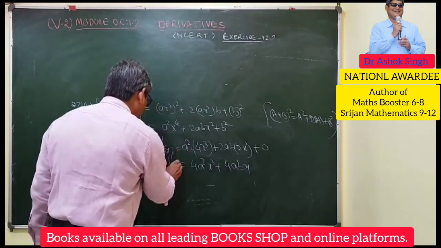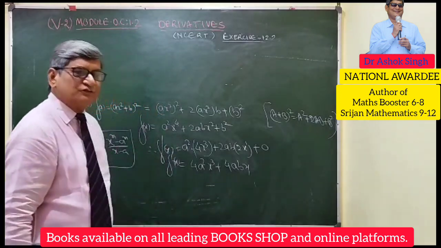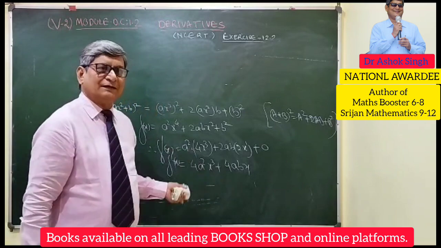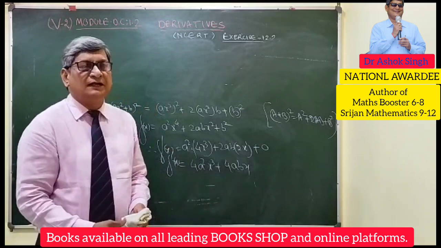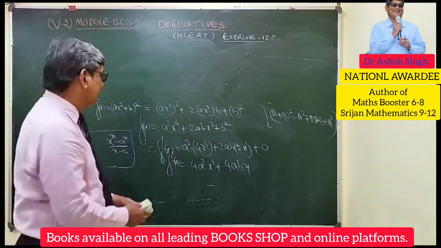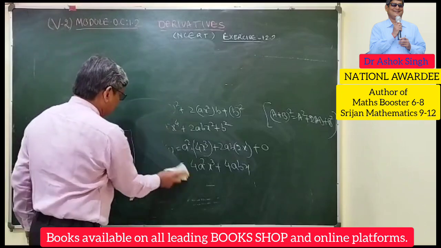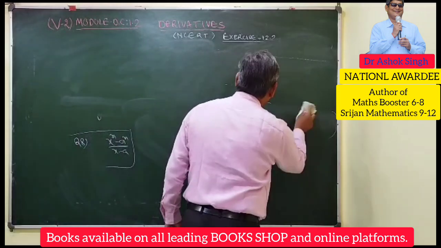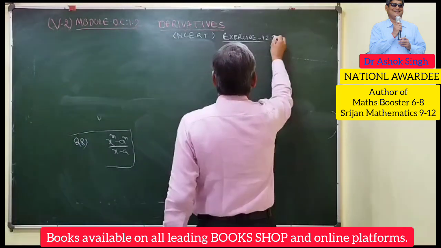That is the value of f dash x. In case you are given a question, find the value of f dash 0, f dash 1, f dash 2, put the value of x and ultimately you will get the answer. So this was the second question I have picked up from NCERT exercise 12.2.